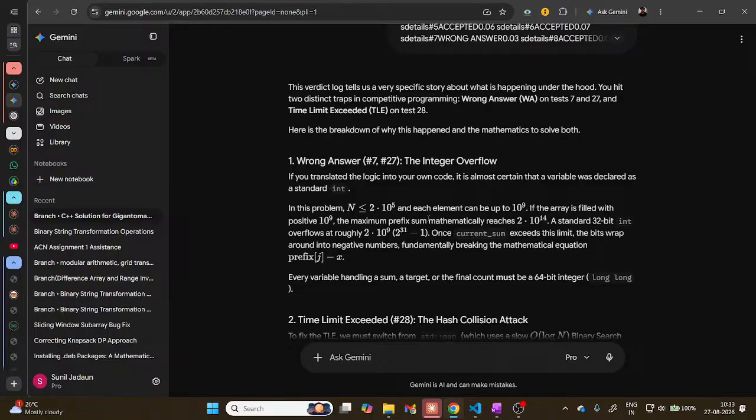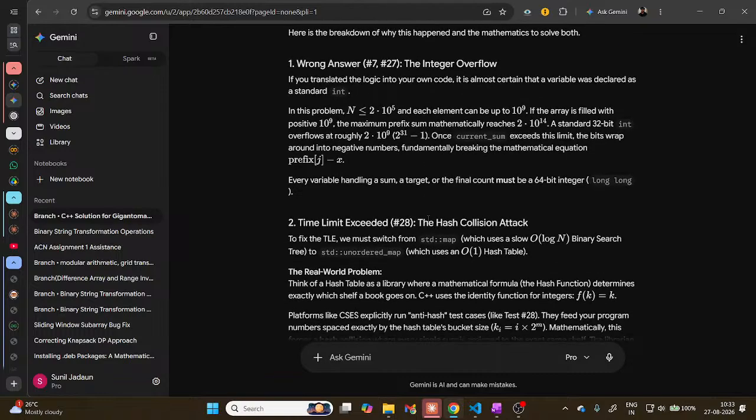If the subarray is filled with positive 10 power 9, the maximum prefix sum overflows the int limit.